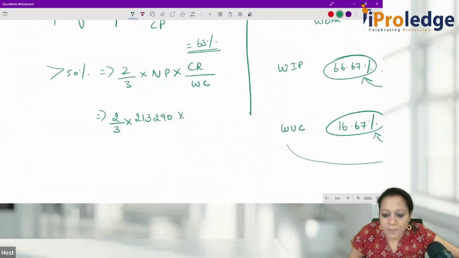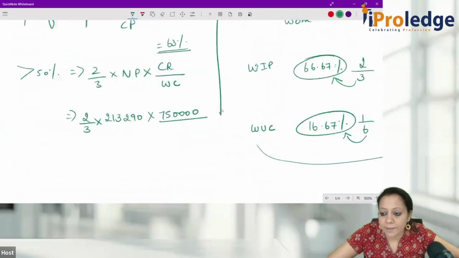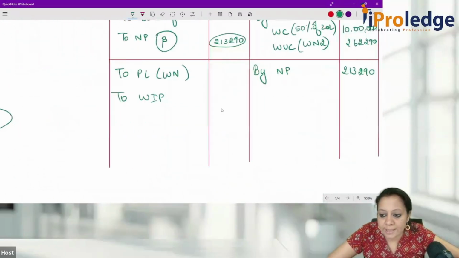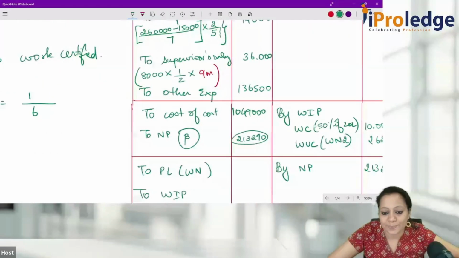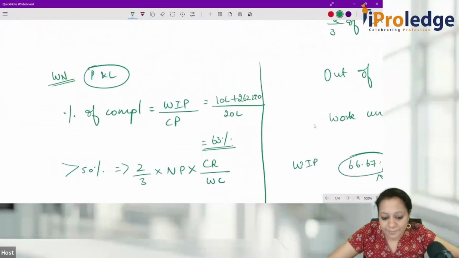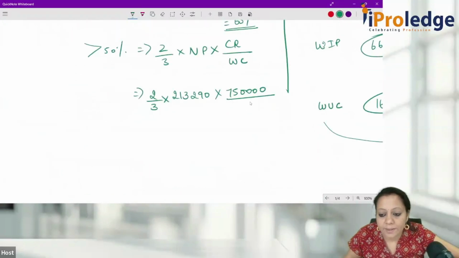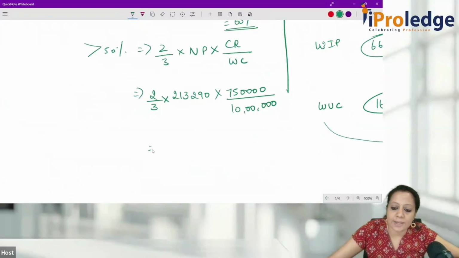Cash received is going to be 7,50,000 divided by work certified. You all see this. Work certified is 10 lakhs, so divided by 10 lakhs. How much are we getting, students?